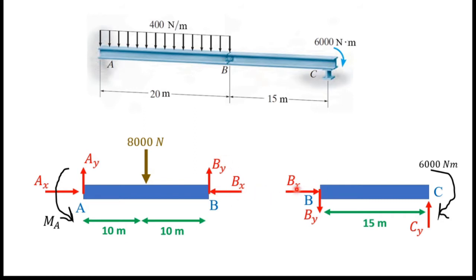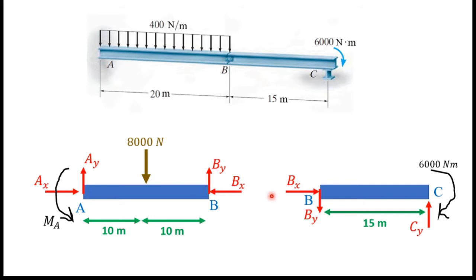Here also BX, BY. Values of these forces are the same, but the direction is opposite. Here BX is directed to the left and there BX is directed to the right, but the value is the same. And BY in the AB part is directed upward, but in BC, BY is directed downward, but the value of both BY is the same.